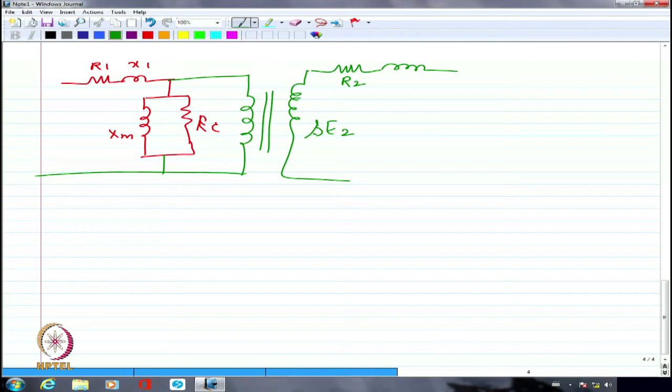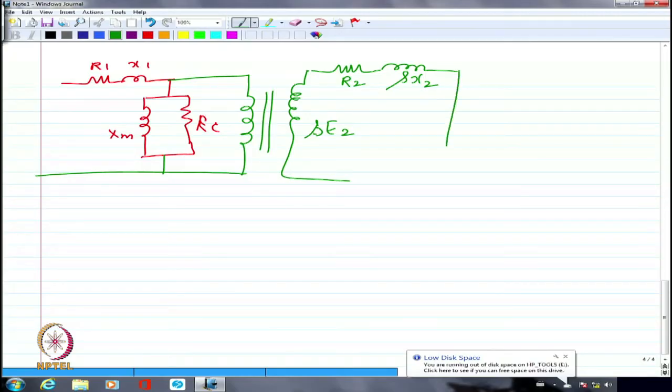So I have to write this as S times X2, where X2 was the original reactance corresponding to stator frequency F1. Now X2 times S is the reactance offered by the rotor conductors corresponding to the new rotor frequency, which is S times F1, which is F2. So now I am going to have again the short circuit, no doubt.